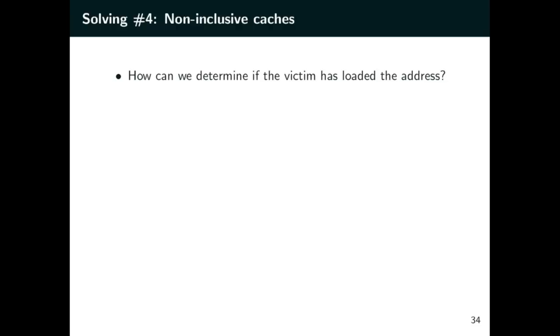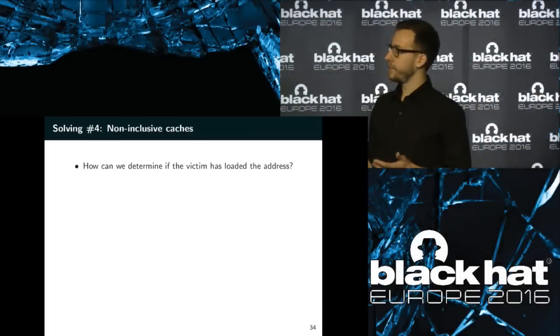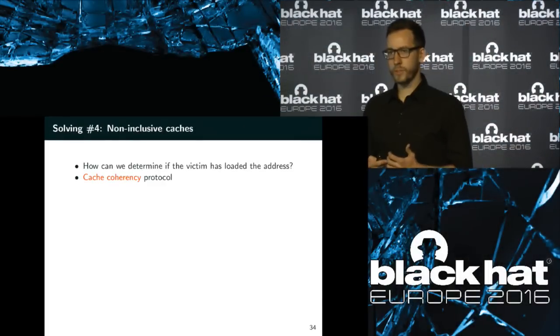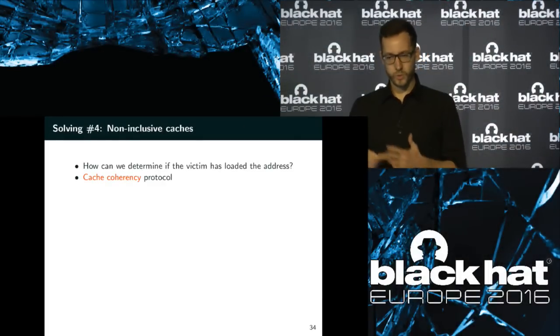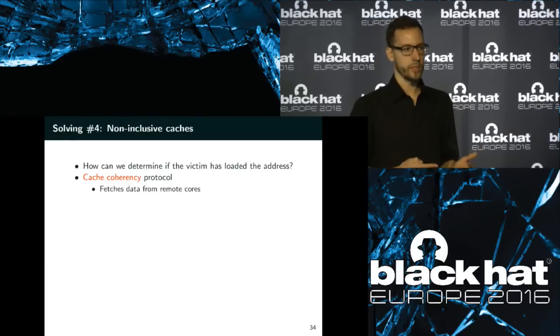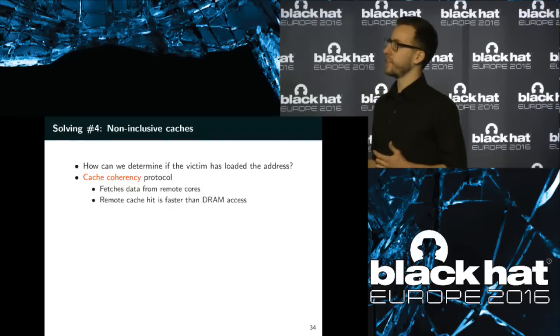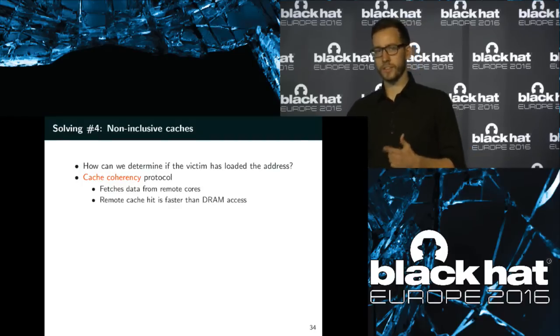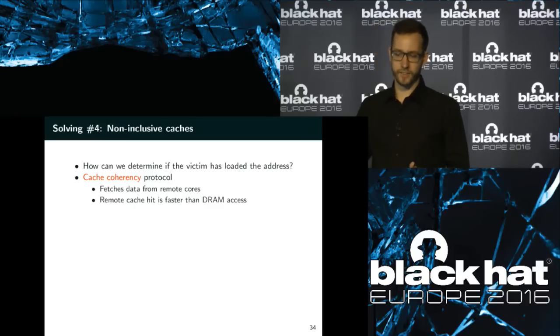So the second thing we need to do, we need to find a way to measure if the other core has reloaded the address. And the solution is that there are cache coherency protocols in place on the CPU, which run all the time, and they allow us to fetch data from a remote core. And the reason behind this is that loading the data from another core is still faster than if we need to have a memory access.